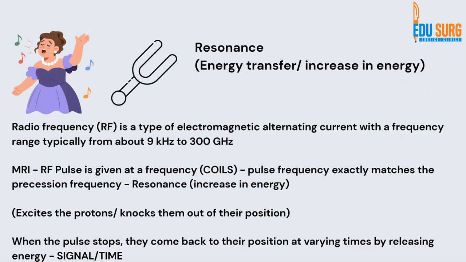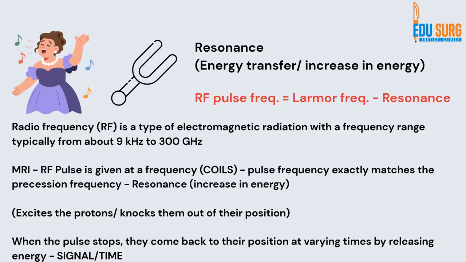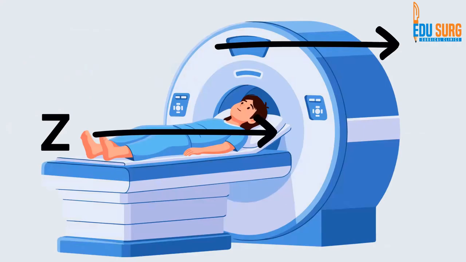But for that, they have to emit an energy. That energy, when taken by the receiver and processed, the signal and time is what is going to give you the image. So when the RF pulse frequency is equal to Larmor frequency, resonance happens. Okay, so that is basically the concept of magnetic resonance and image generation.